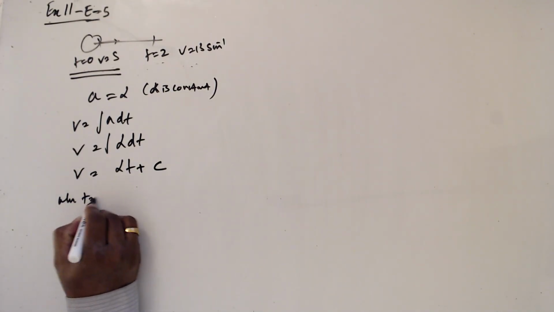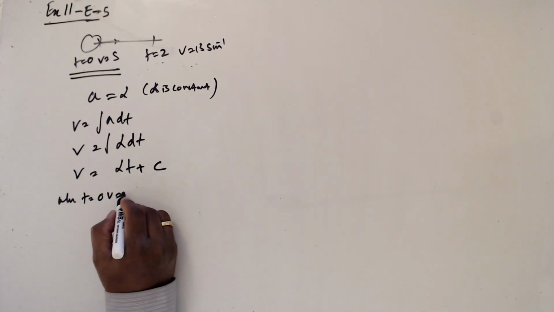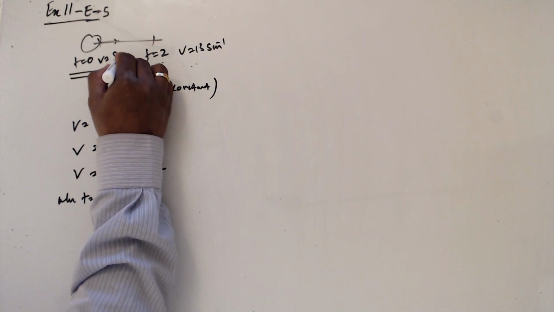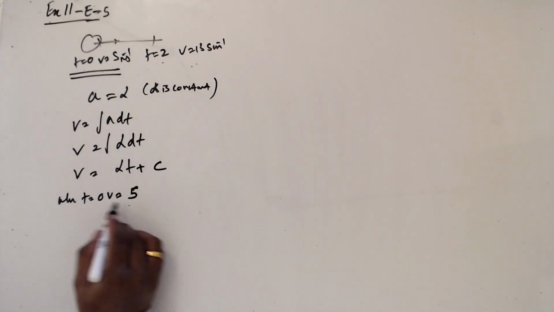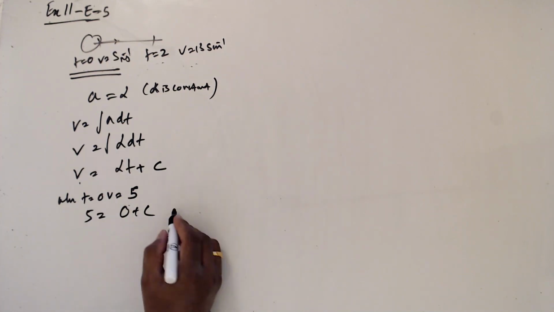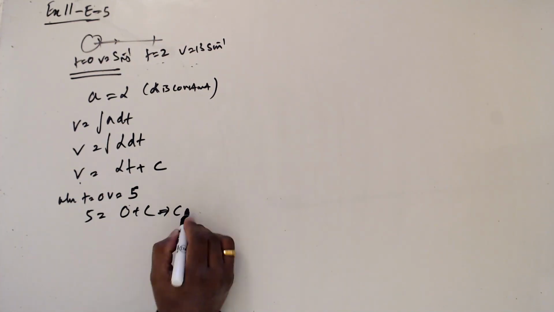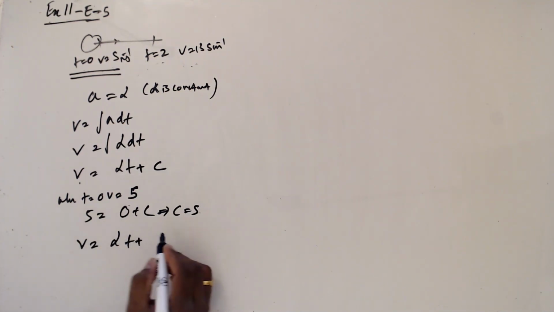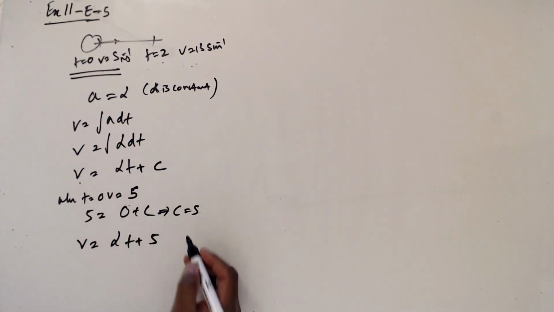When t equals 0, v equals 5. So this is 5, and this is 0 and C. So now we found out C is 5. Now the equation is v equals alpha t plus 5.